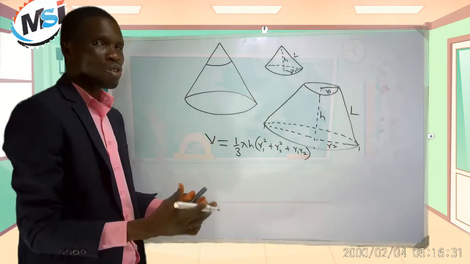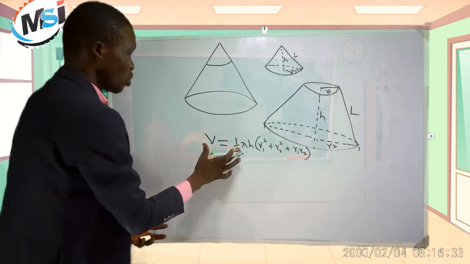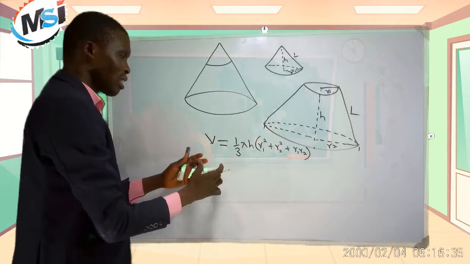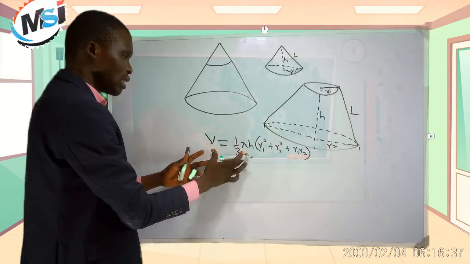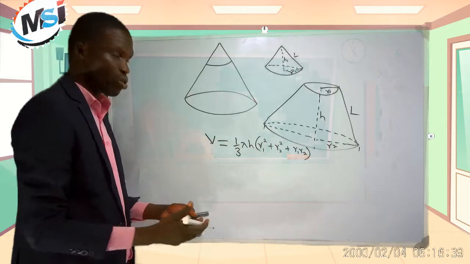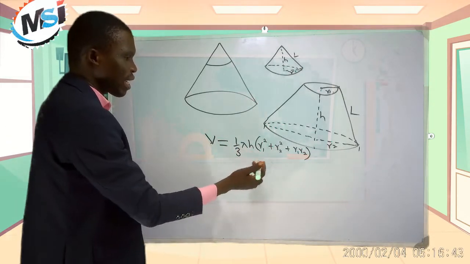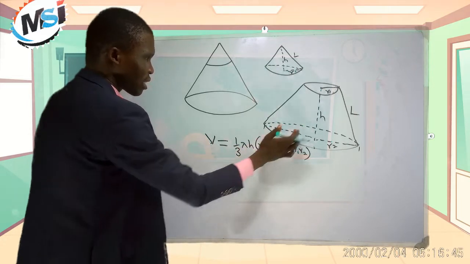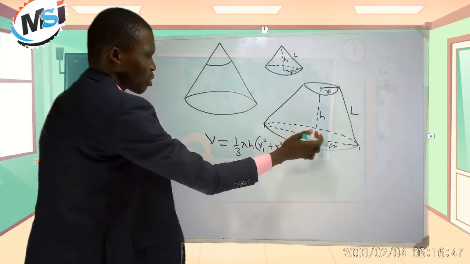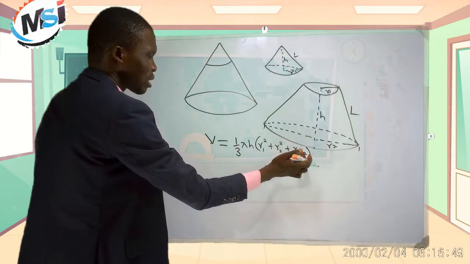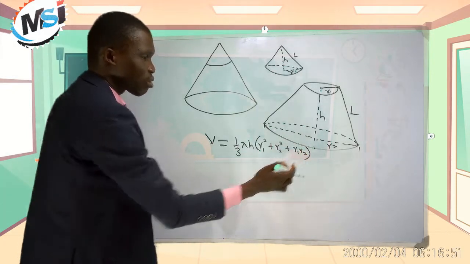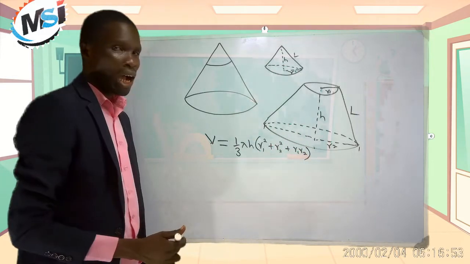I'll be making mention of capacity. So you need to understand capacity of the frustrum is referring to the volume of the frustrum. So from here, R1 is here and R2 is here, plus R1 R2. R1 R2 means R1 times R2.